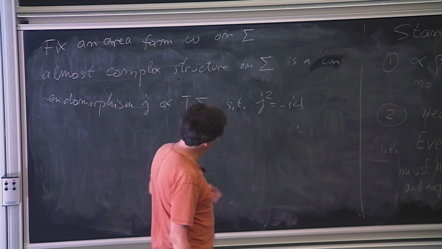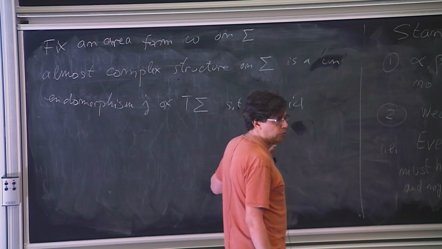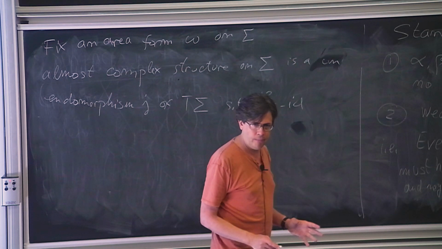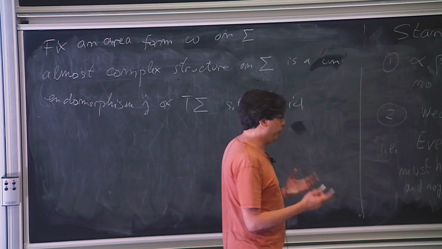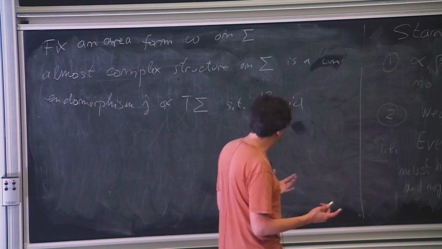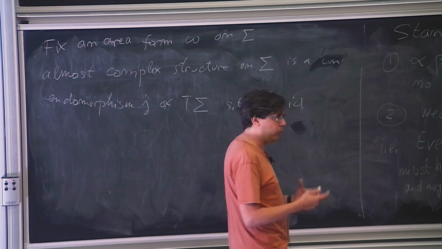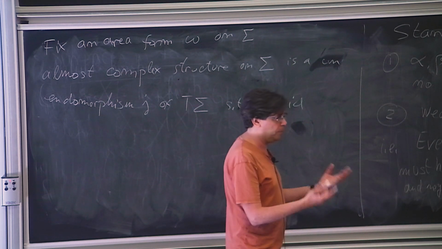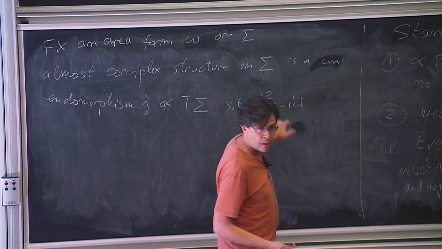And in fact, it's a difficult theorem that such a thing on a surface induces the structure of a Riemann surface. But on the other hand, it's very easy to see that once you have a Riemann surface, you get something like that. Because a Riemann surface is a complex manifold, so you have a complex structure on every tangent space. And that's the complex multiplication.